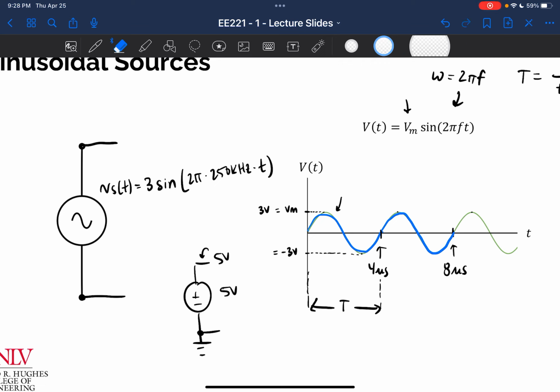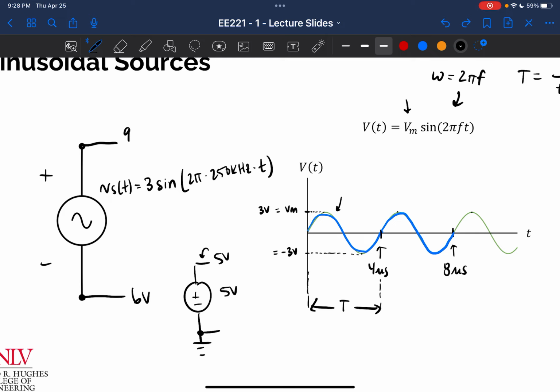However, if this wasn't 0, then all I know is that the difference between my plus and my minus terminal at any given point in time is equal to this function. So if this node was tied to 6 volts, then when this source reaches its peak, the peak would actually be at 9 volts, because it would be this entire signal plus 6 volts.